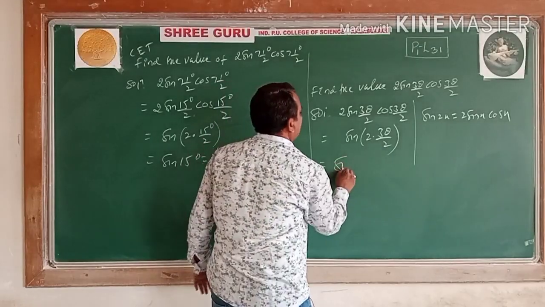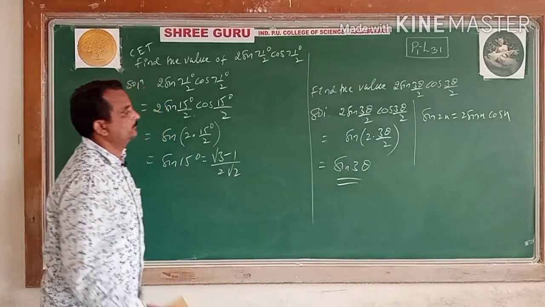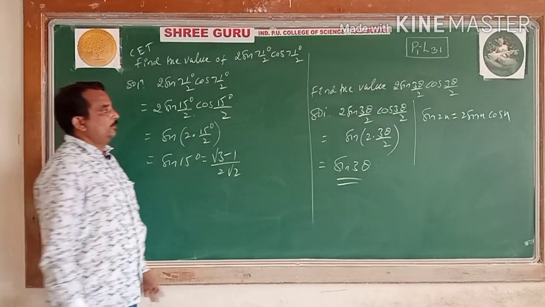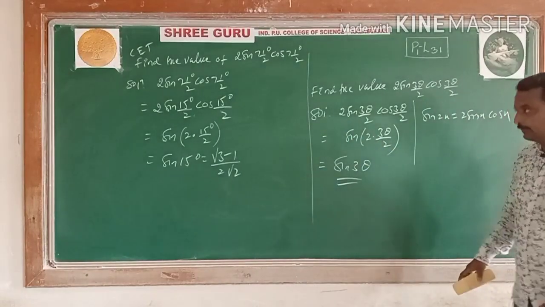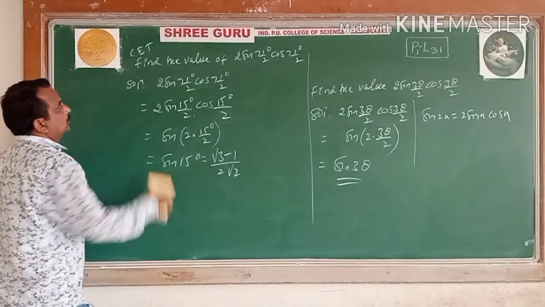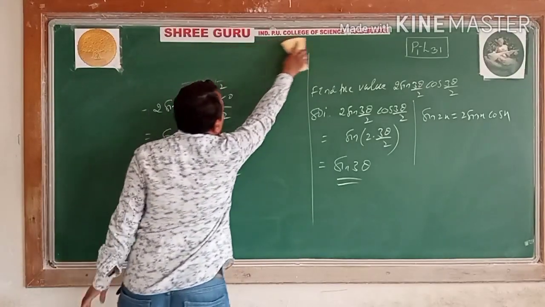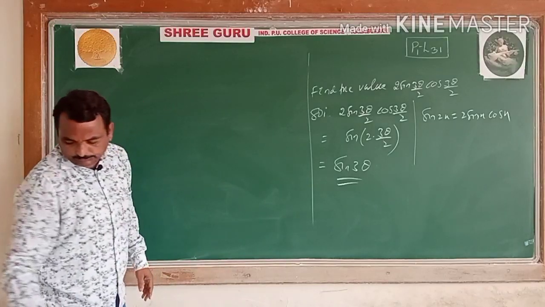So it is sin of 3 theta. Same type in both the examples, in terms of the angles, 3 theta by 2, it becomes sin of 3 theta.